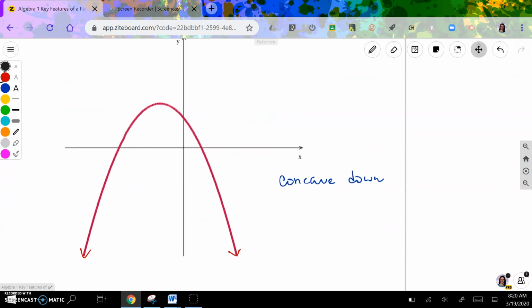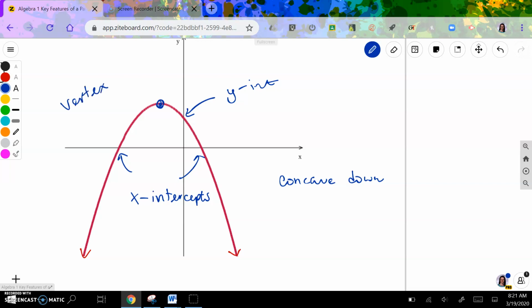All right, so this parabola has, again, this is your y-intercept, and we don't have any specific details. These are your x-intercepts. And let's see, we have a vertex right here. In this case, our vertex would be the highest point. If you imagine being on a roller coaster, that would be the highest place you can get to.